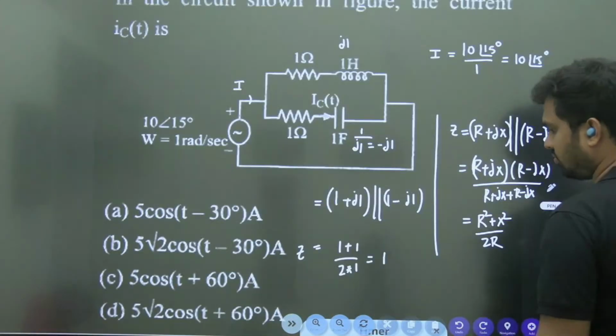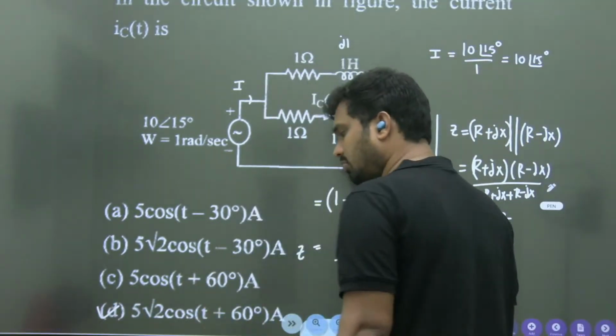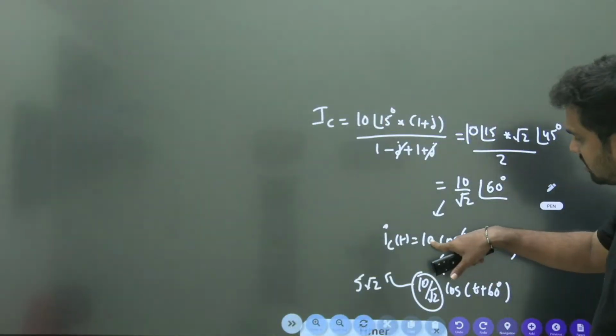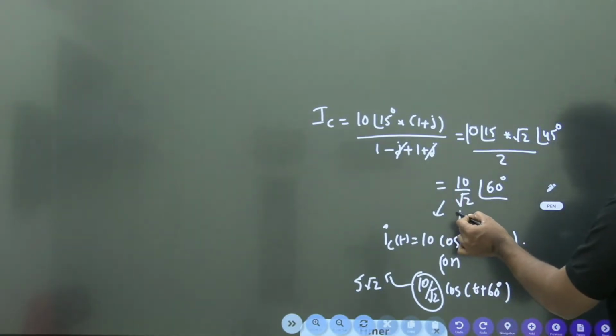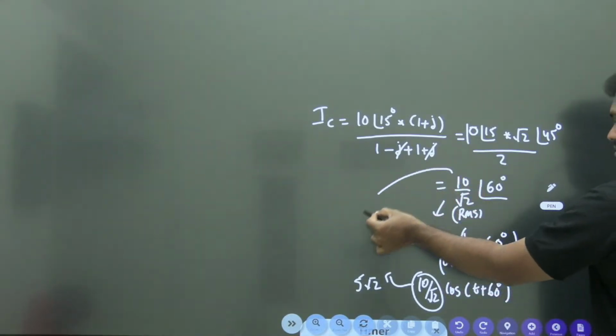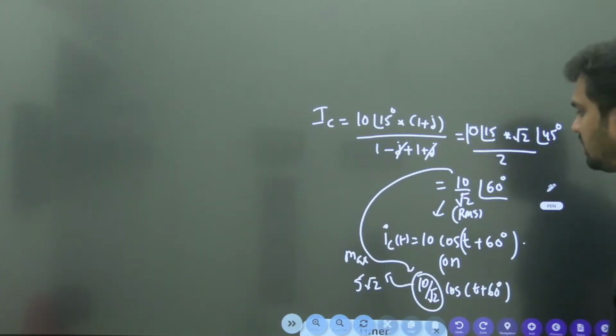So 5 root 2 cos t plus 60 degrees, if available in the options, take that. Normally, if this is available, this is the first choice for your answer. Assuming this as RMS. If you take this as a maximum, this is the answer. So current division principle I have applied.